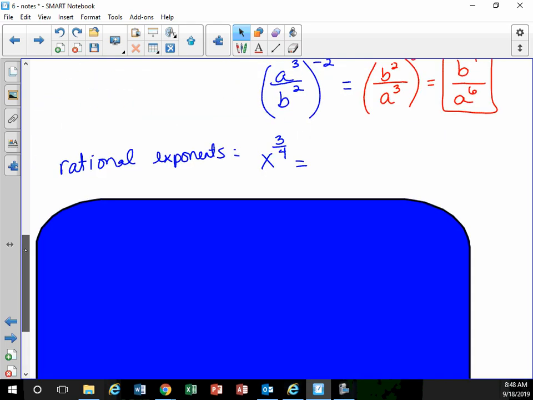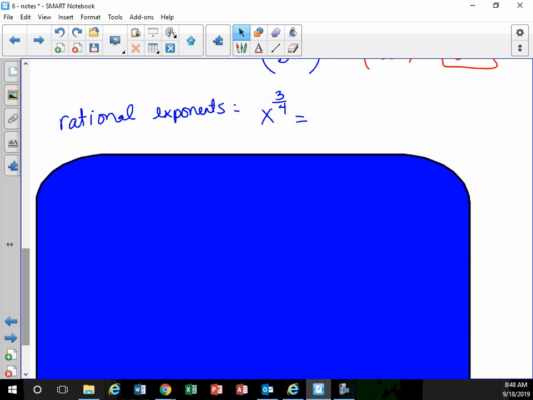All right, rational exponents. Rational is just another word for fraction. So x to the 3/4, what does that actually mean as far as roots or radicals and all of that go?